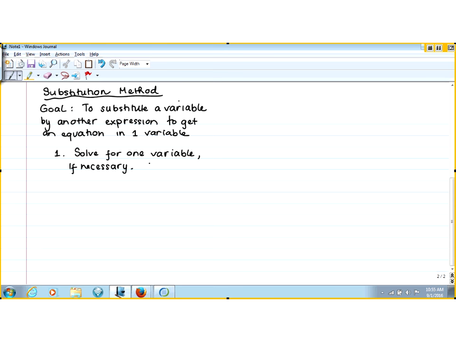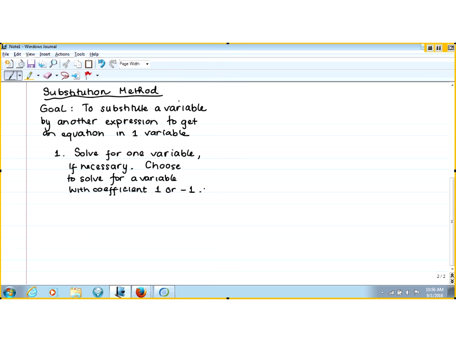Choose to solve for a variable with coefficient 1 or negative 1. 1 is ideal. Sometimes they don't have it, so 1 or negative 1. And then you do all the substitution.